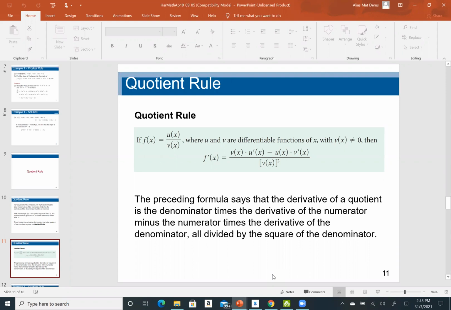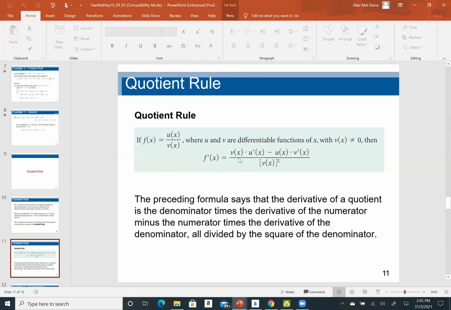So what you do here is, there is a negative sign, all right? I prefer to say u prime first. In other words, you have u prime multiplied by v minus v prime times u, everything divided by v squared, the square of v.